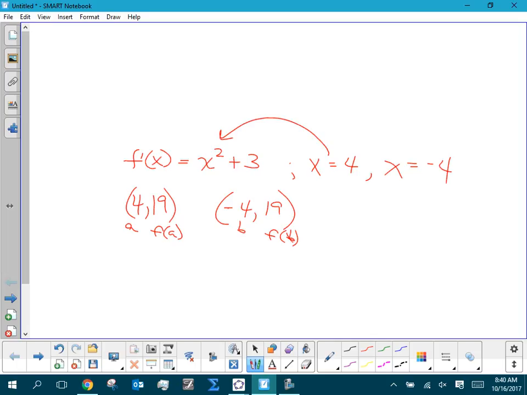As we've talked about with net change, we want to make sure whether it's increasing or decreasing. Well, when they ask me average rate of change for this, the function doesn't know which one I'm letting be A and f of A, and B and f of B.